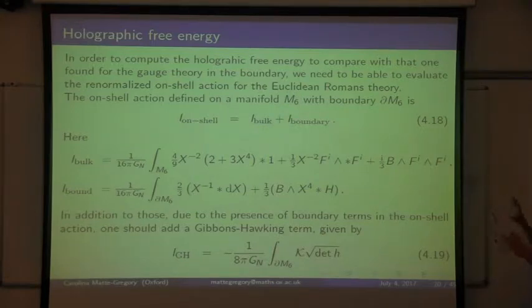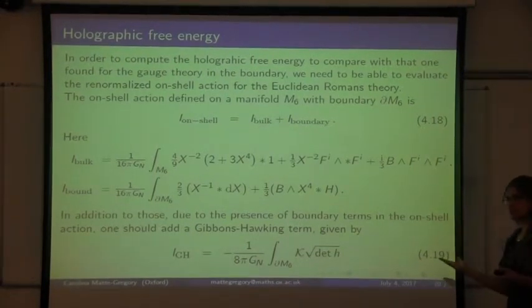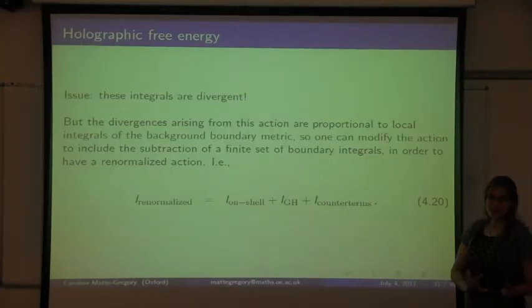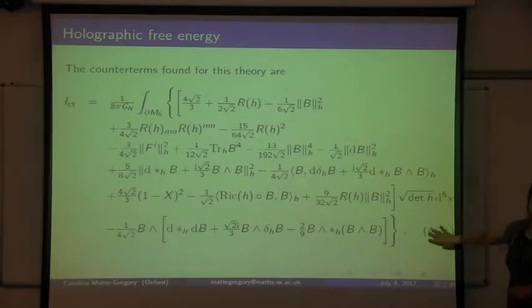Anyway, you get expansions, you plug your expansions into these things, and then, order by order, you look at it. Does this term diverge? Does it not? And then you start picking up the terms. Then you just subtract all the terms that diverge in the end. And it's alright because it's a finite number of counterterms.